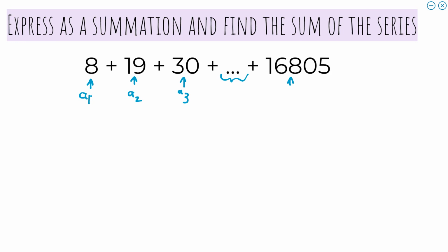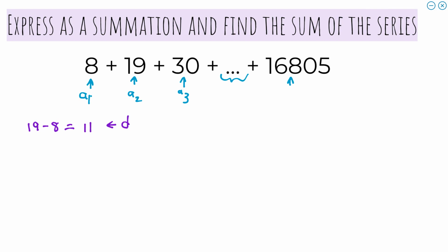What we can do, though, is find our common difference because we do have some sequential terms here. Since we have sequential terms, I can figure out the difference between 19 and 8. 19 minus 8 gives me a common difference of 11. So this is our common difference, that variable d.